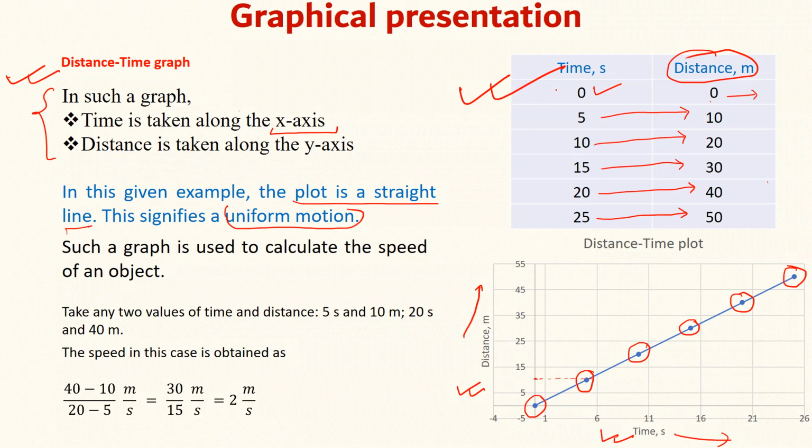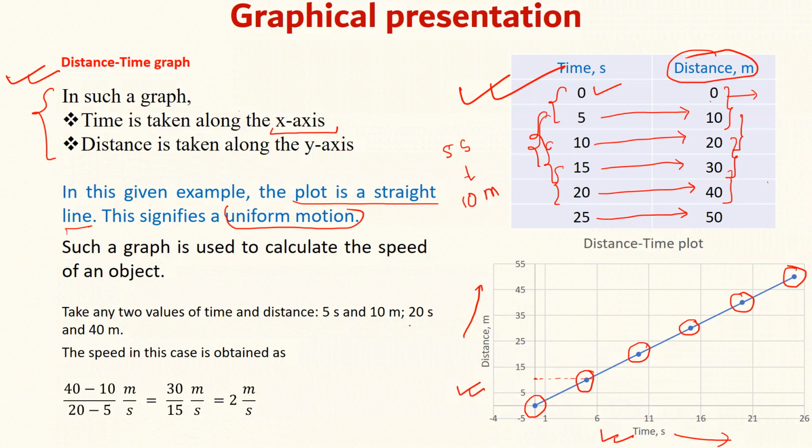So here you see in 5 seconds, the object has covered 10 meters. Here also 5 seconds, from 5 to 10, 10 meters, from 10 to 15, 10 meters, from 15 to 20, 10 meters. So at each 5-second interval, the object has covered 10 meters distance.